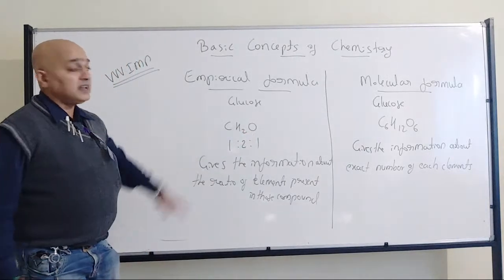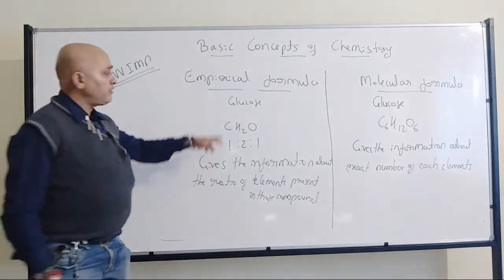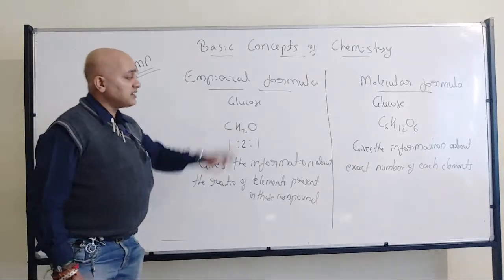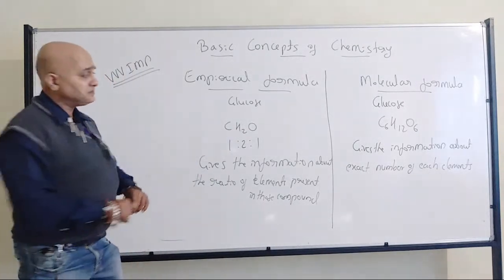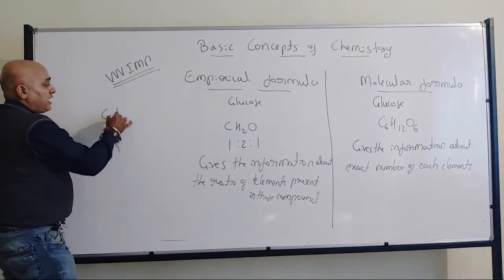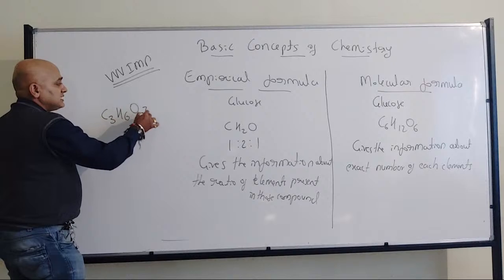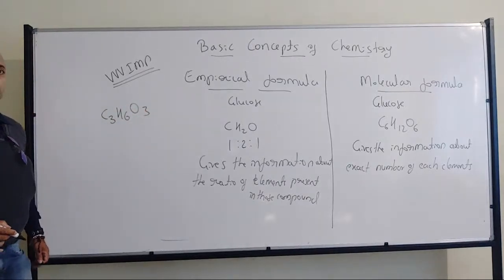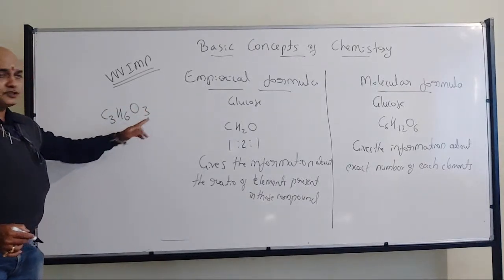But it will not tell how many exact carbons or hydrogens, because I can get the same ratio even when the formula is C3H6O3. Then also it becomes 1 is to 2 is to 1.